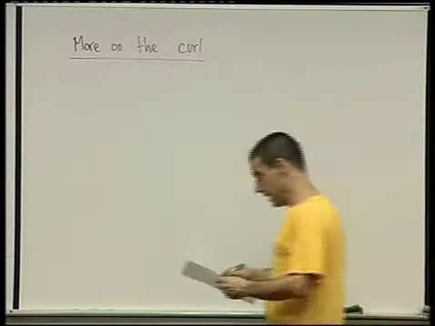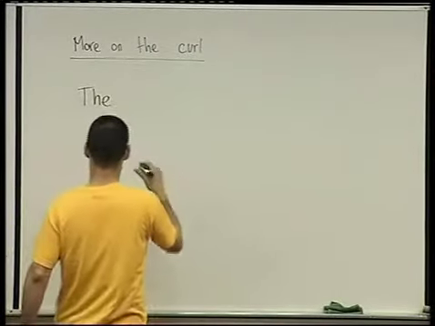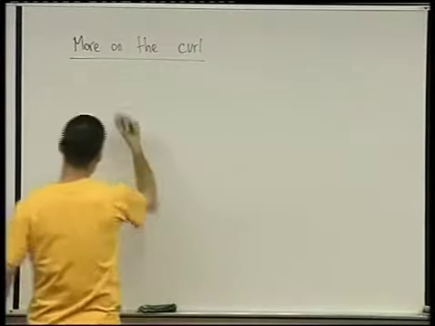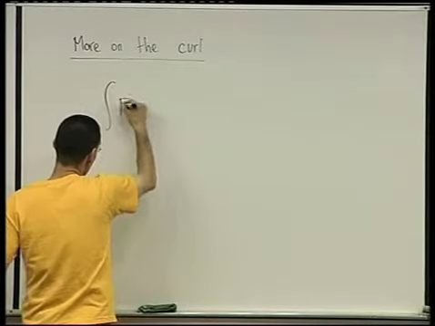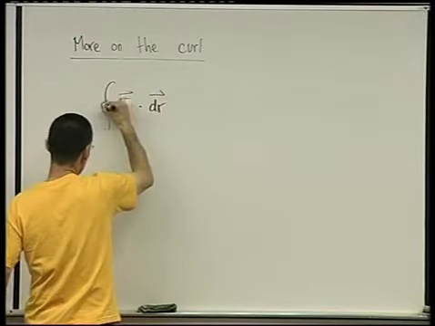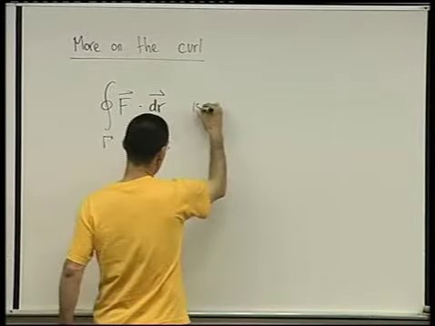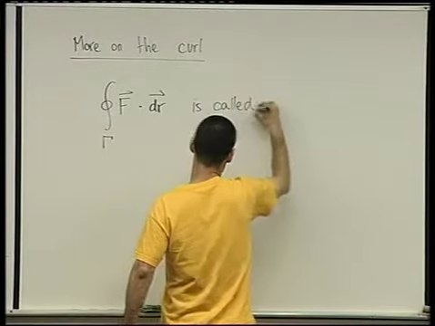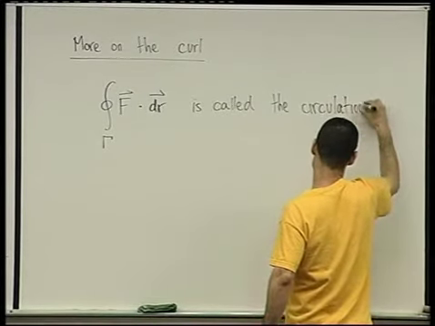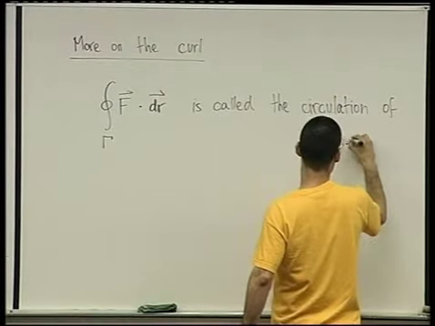Okay, so here's the idea. The quantity, the integral of F dot dr, the line integral over a closed curve gamma, is called the circulation of F over gamma.